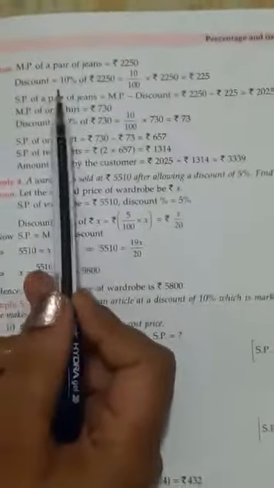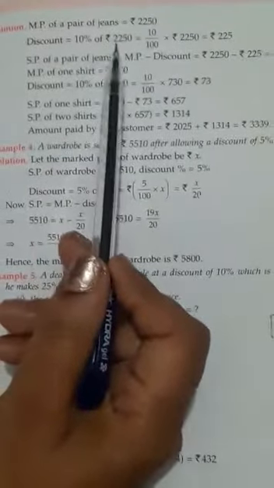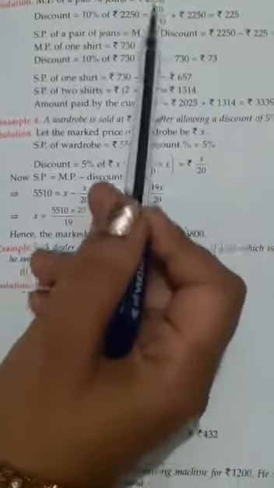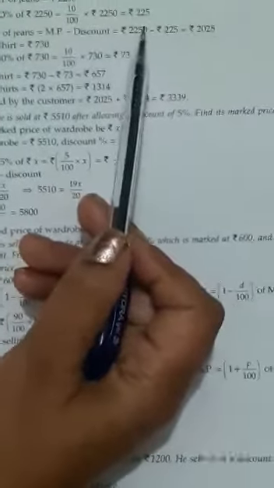Children, what is the mark price of the jeans? 2250 and discount on the jeans is 10%. So you will calculate discount 10% of 2250. 10% means 10 upon 100 into 2250. It will come out 225.